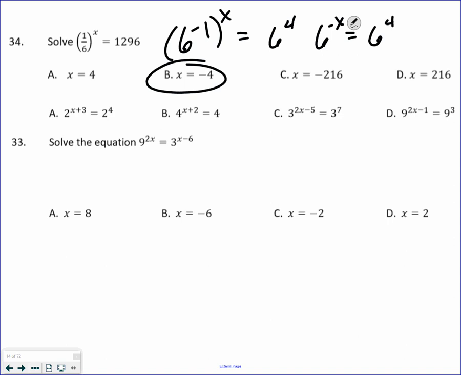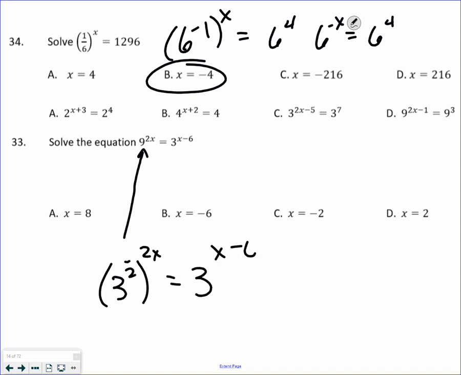Next one, looks like things got off here just a little bit. So I'm not sure what's going to happen here. I want to get the bases to be the same. So this is 3 to the 4x. Let me try that again. I'll show my work a little bit better. This is 3 to the 2nd raised to the 2x equals 3 raised to the x minus 6. What happens when I have a power being raised to a power?